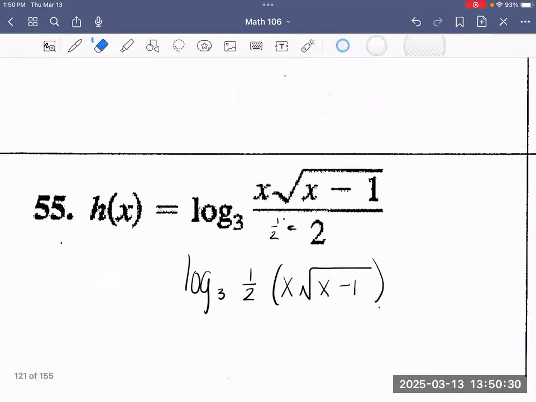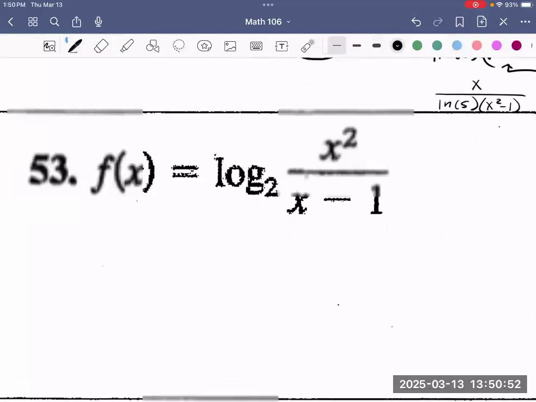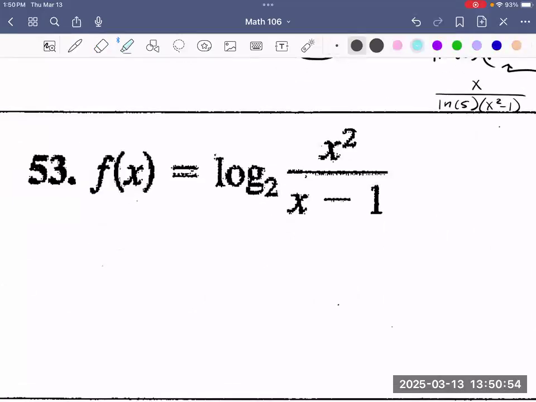Actually, even better. So this is 1/2 x. There you go. Now here, if you want to, you can use the properties of logarithms here as well. You can do that with any of them. I might do 53 with that, because we haven't seen something like that in a while. So let's do that instead.